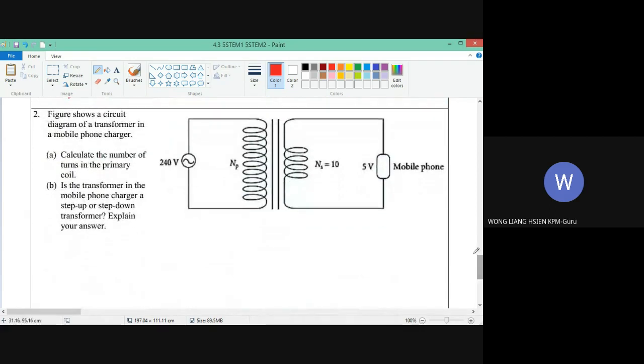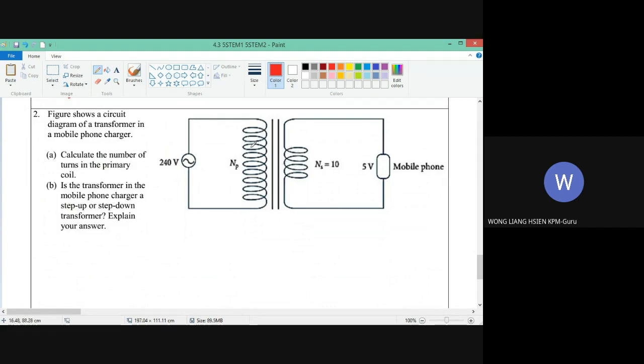Okay, next number 2. The figure shows a circuit diagram of a transformer in a mobile phone charger. You see the symbol for the transformer. It is not necessarily that you must have 4 loops or 3 loops.